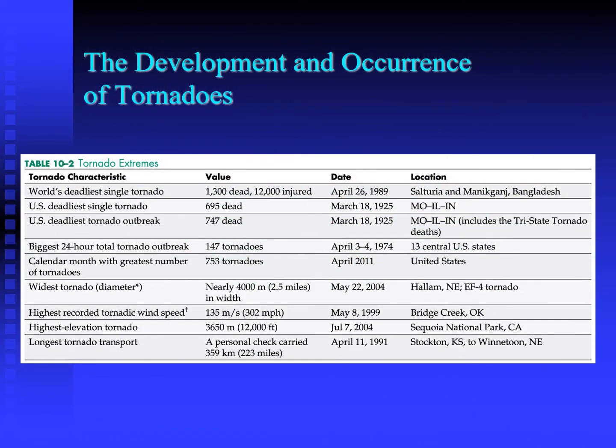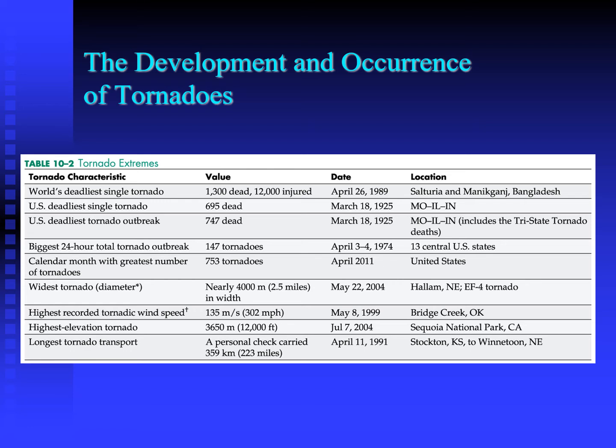I recommend pausing this presentation and reading through this. So this again is kind of outdated. Does it even include 2011? It does. Okay, because you've got April 2011 on there. Anyway, this is just kind of showing you some extreme aspects of tornadoes, like the deadliest tornado outbreak, which was back in 1925.